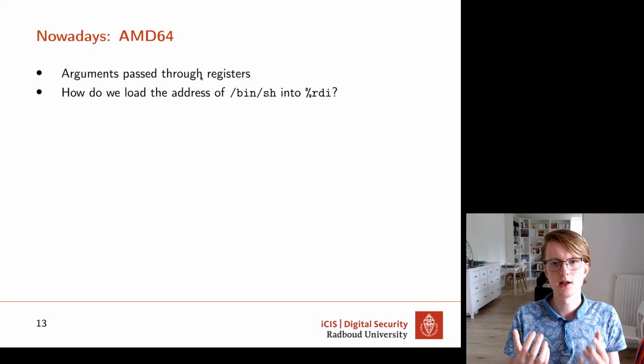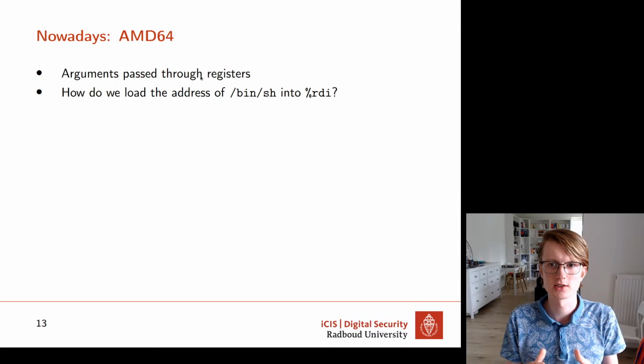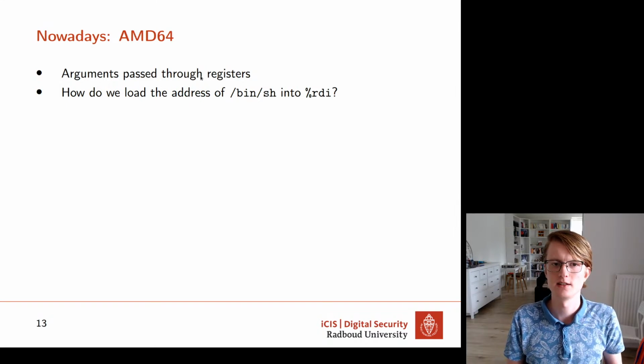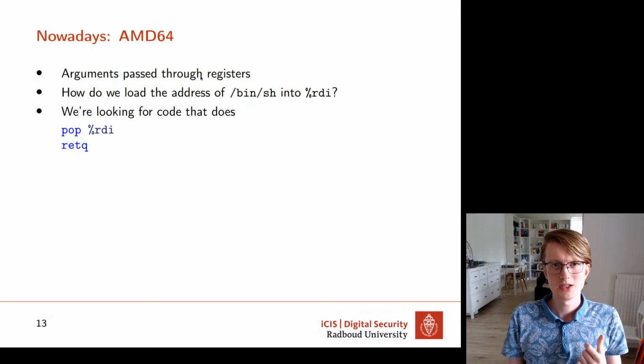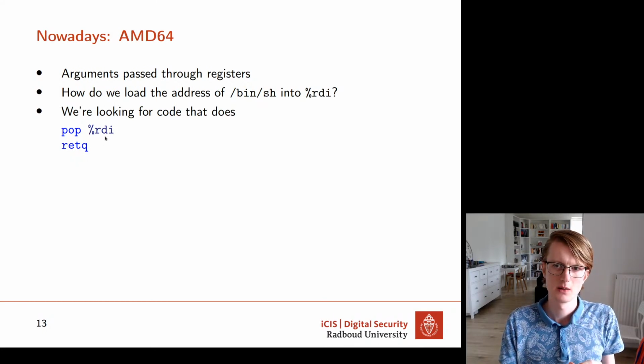So how do we load this address of /bin/sh into the correct register, RDI in this particular case? Well, we're looking for a piece of code that does exactly this. If we have this, then we can get pop RDI and then return.